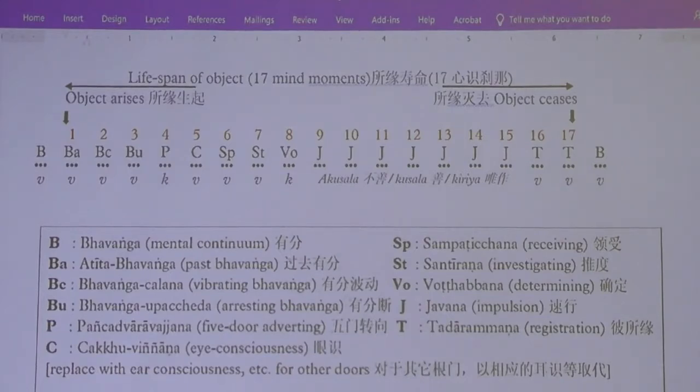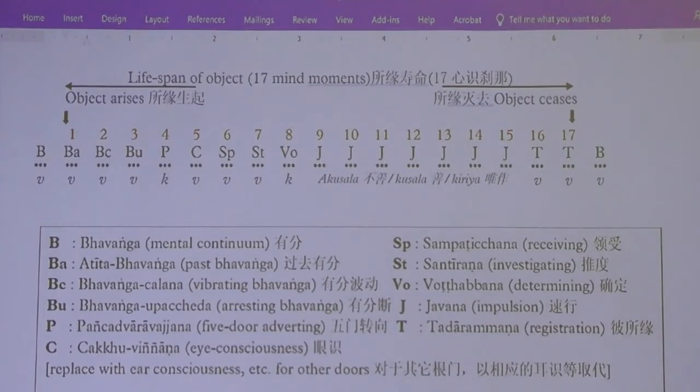So assuming someone has evil thoughts, in one snap of a finger there are already 7 javanas. More than 7 javanas, 1 million. Yeah, exactly. If I multiply that by 60 seconds... That's why now you can understand. Now you want to see this flower. Within 1 second maybe you can see it, but 1 million mind moments have already arisen to see this flower.